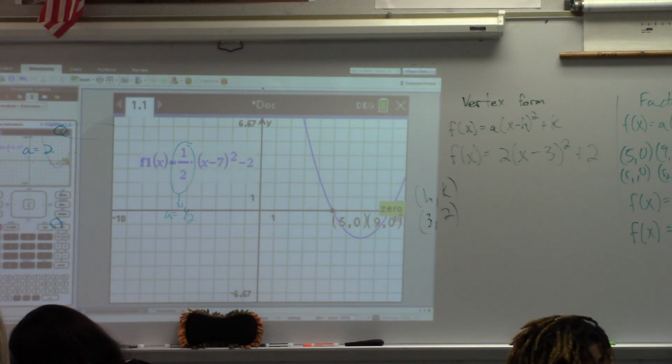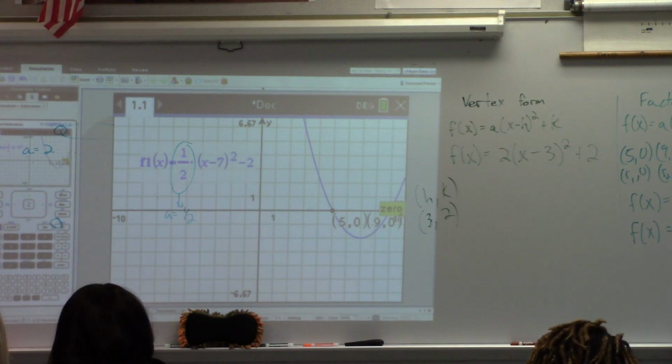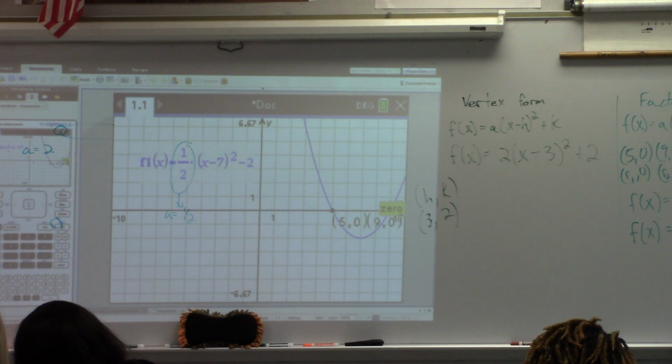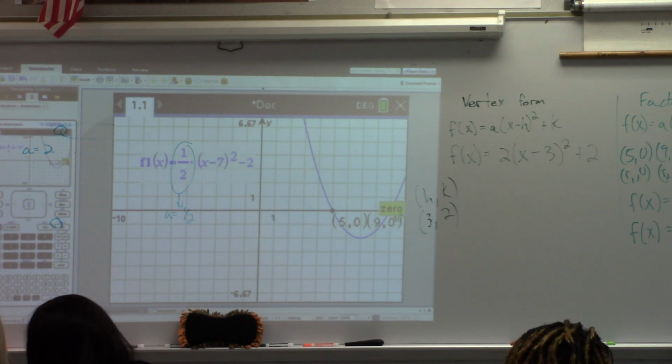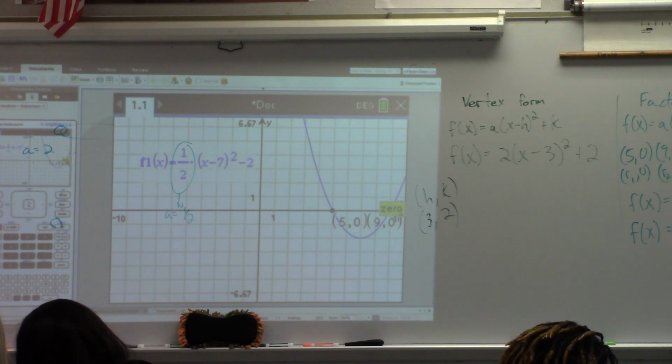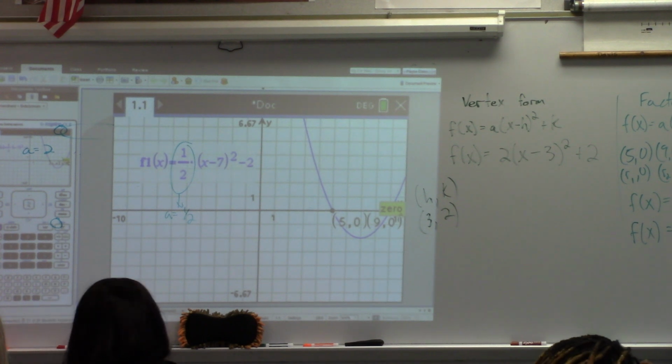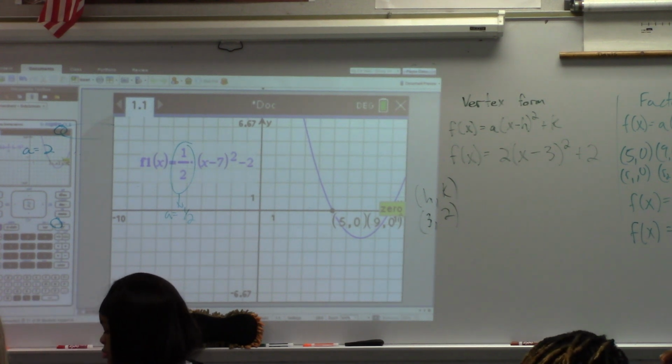Every quadratic function has at least two forms, actually three. You could write any quadratic function in three different forms: factored form, vertex form, or standard form. I gave you vertex form and I'm asking for factored form. Does that make sense? You just have to know that factored form is looking for those roots.